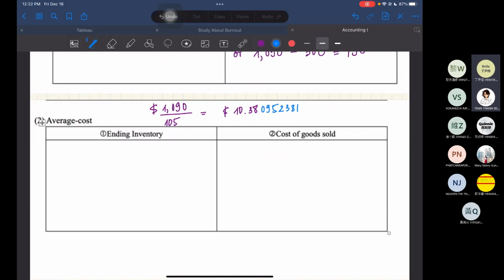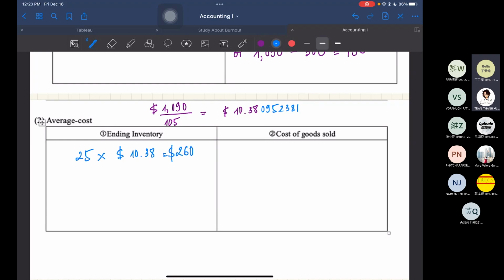We also take 25 items times the new cost. I think it will be slower. 260.